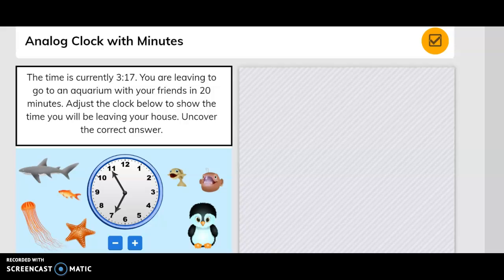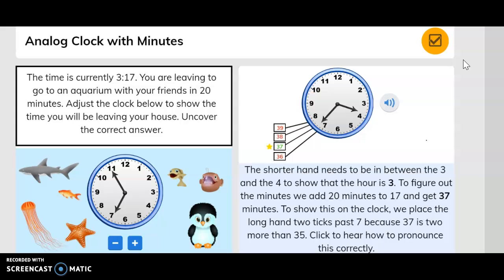The time is currently 3:17. You are leaving to go to an aquarium with your friends in 20 minutes. Adjust the clock below to show the time you will be leaving your house. Uncover the correct answer. So if it's 3:17 and we leave in 20 minutes, the shorter hand needs to be in between the 3 and the 4 to show that the hour is 3.